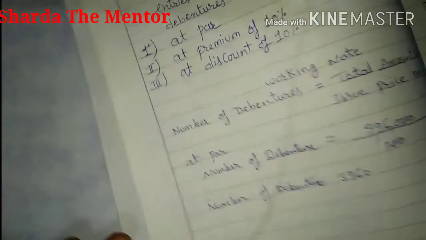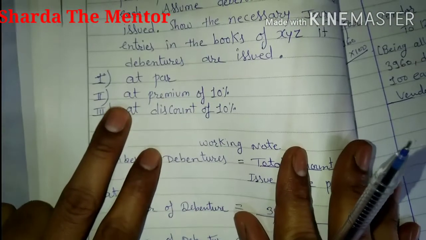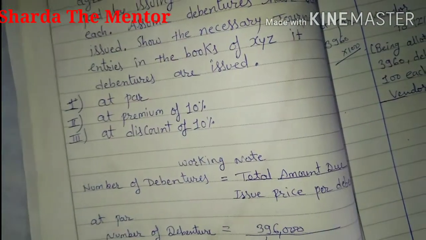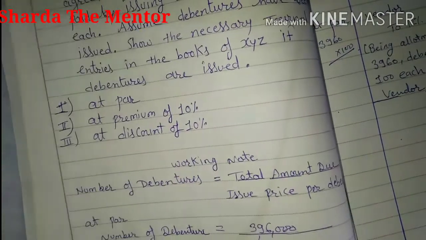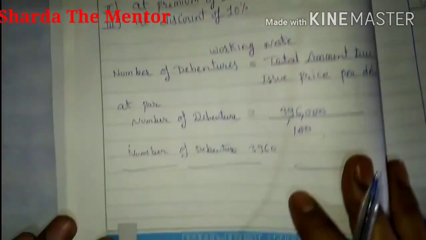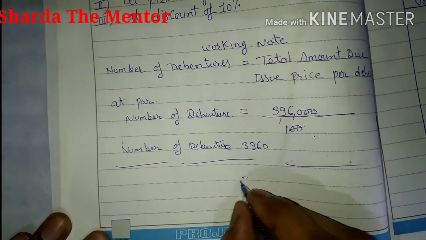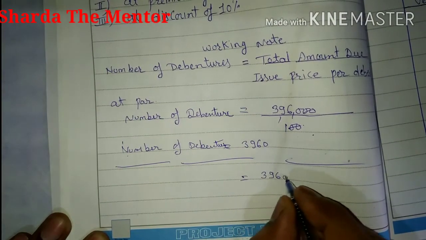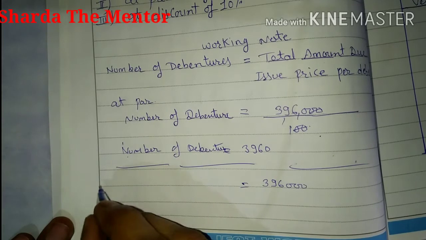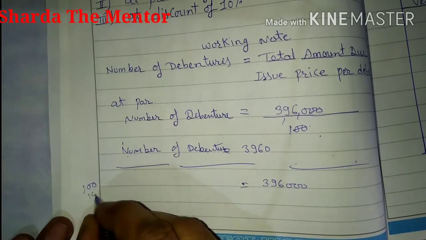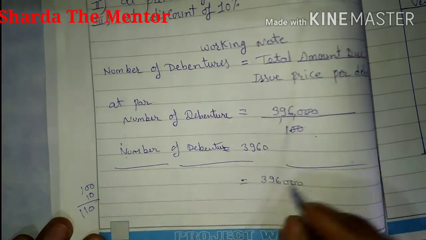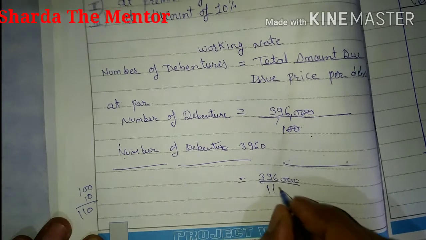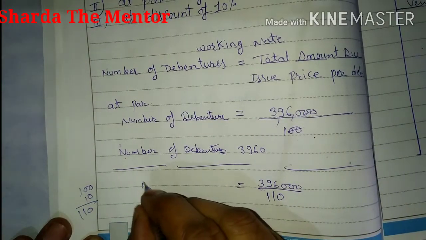Now if it is given in the question that it is at a premium of 10%, then again the formula will remain the same. The amount will remain the same, that is 3,96,000, but the value, that is 100 plus 10 rupees premium, so total value is 110, so divided by 110.